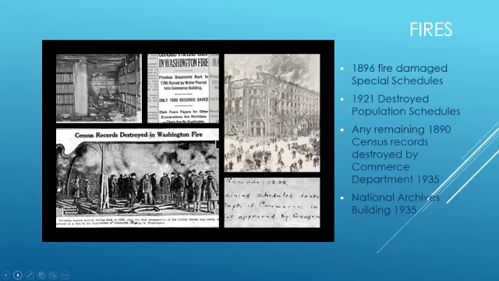Any remaining 1890 census records were destroyed by the Commerce Department in 1935 because they were old and moldy. And ironically enough, the cornerstone for the National Archives building was laid in 1935 as well. So we didn't have a National Archives building until 1935.